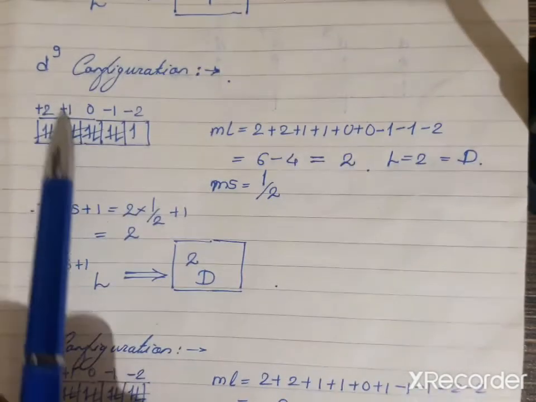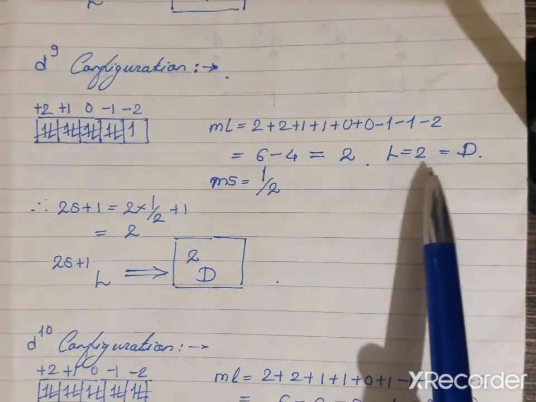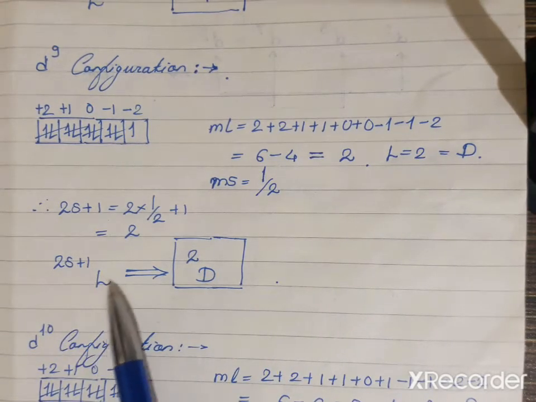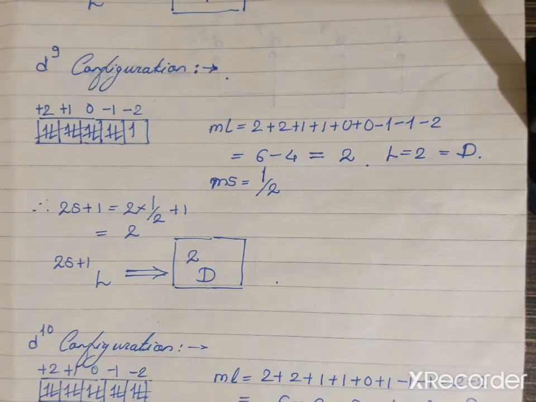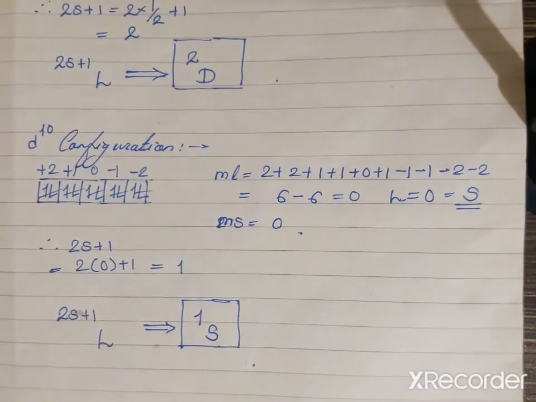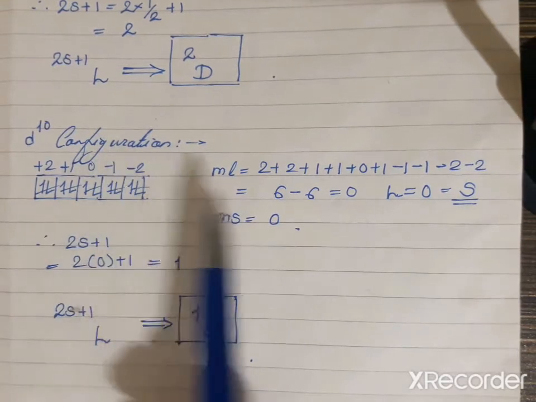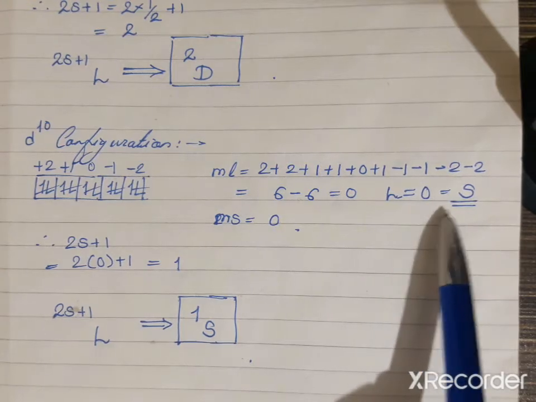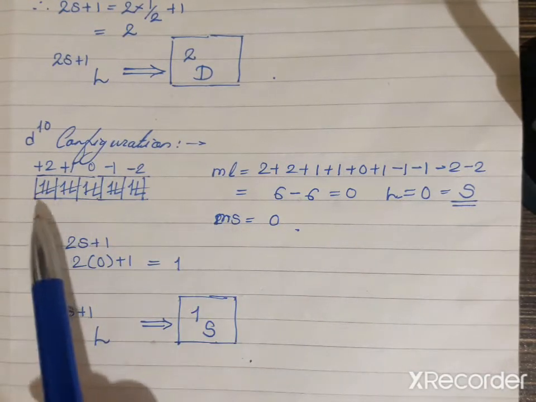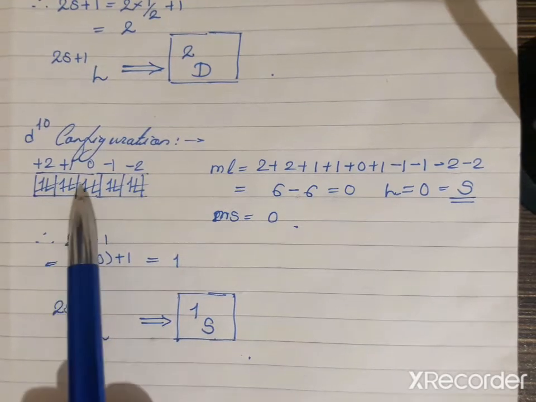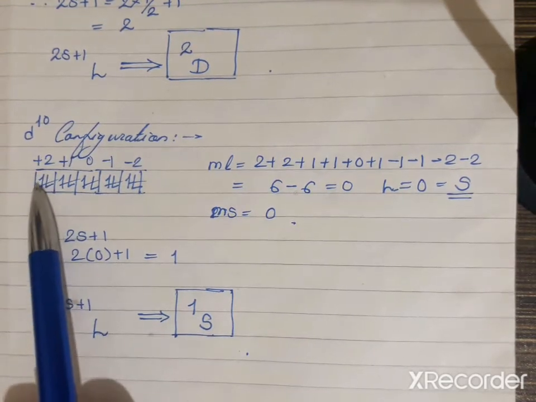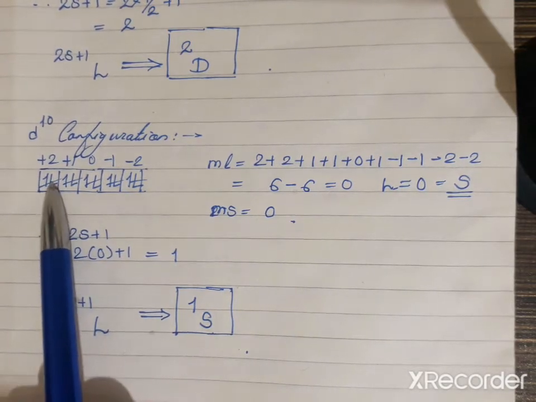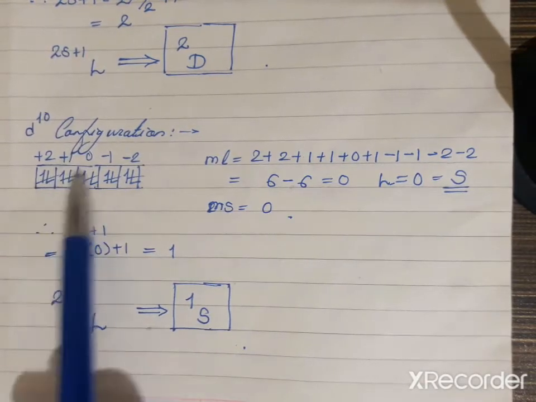For the d9 configuration, ml is equal to 2, L is equal to 2, which is D, and ms is equal to 1/2, so 2S + 1 and L gives doublet D. And in the last configuration, the d10 system, ml is equal to 0, so the term is S. For ml 0, the term is S, and ms is also 0, because there are 10 paired electrons and the spins are opposite. The first electron gives +1/2 spin and the second electron has -1/2 spin, so they mutually get cancelled.